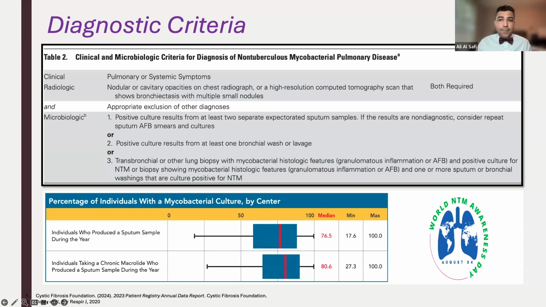That's why CF patients should be screened before and 6 months after beginning chronic azithromycin therapy and annually after that, because azithromycin is one of the cornerstone antibiotics to treat mycobacterial infection.